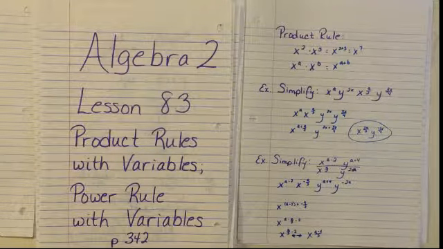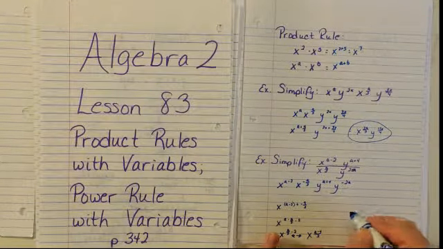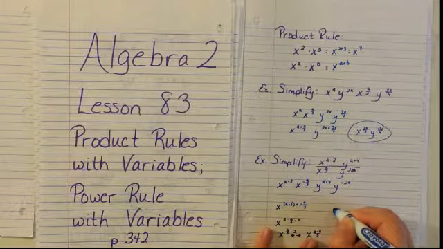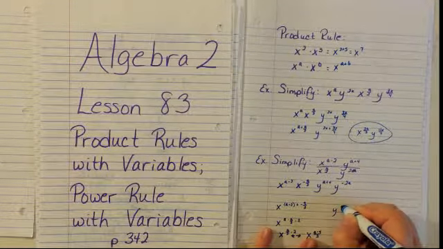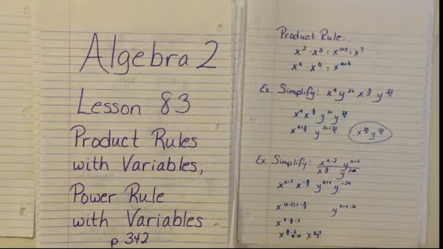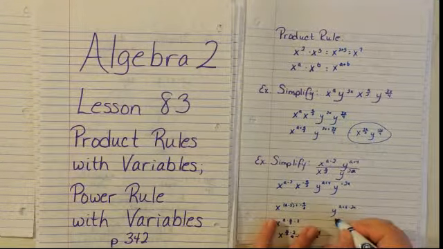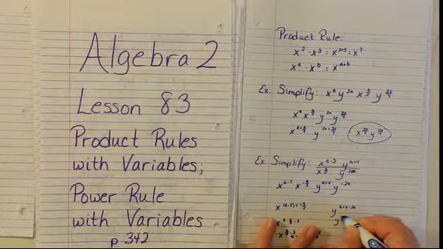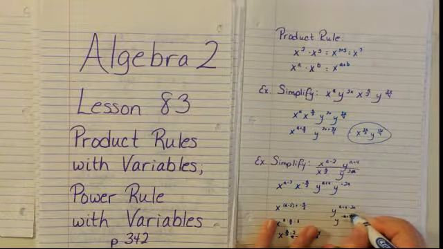Okay? For the y's, we're going to have y to the a plus 4 minus 2a, which is going to be the same as y to the minus a plus 4.